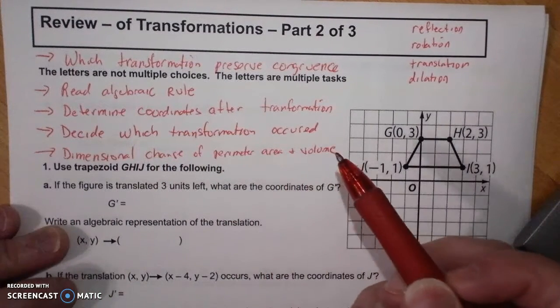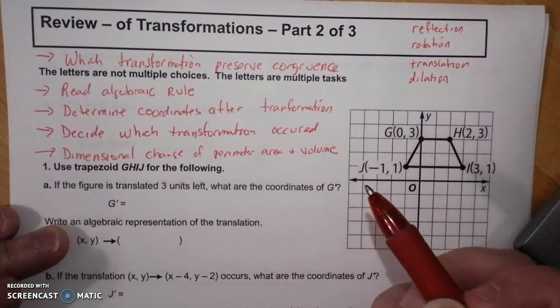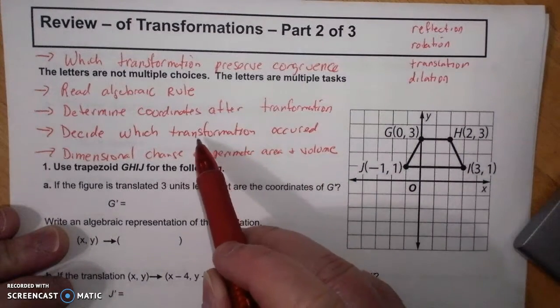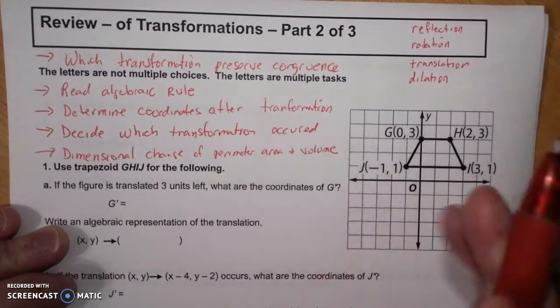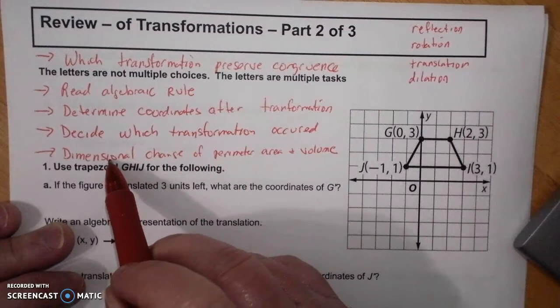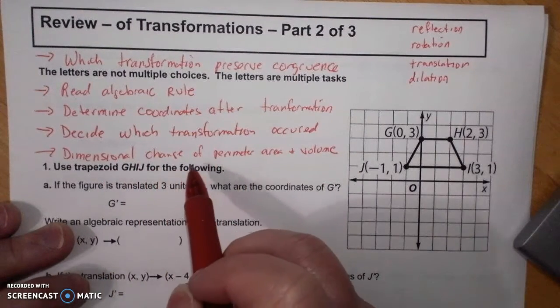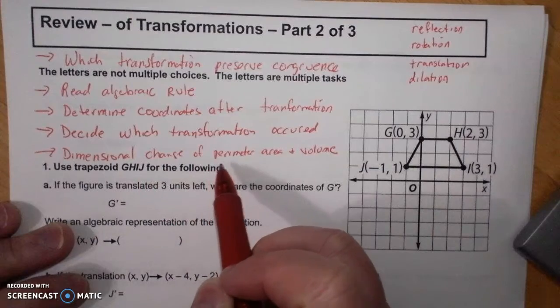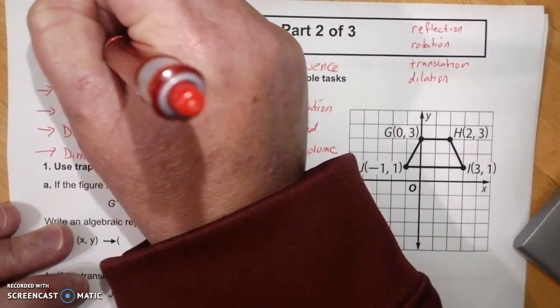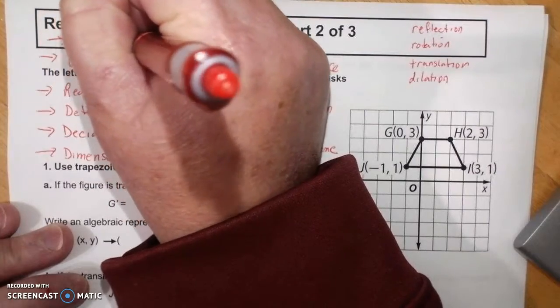So if I'm moving something, which transformation occurred? And you're also going to have to do dimensional change of perimeter, area, and volume. And there is a vocabulary piece.